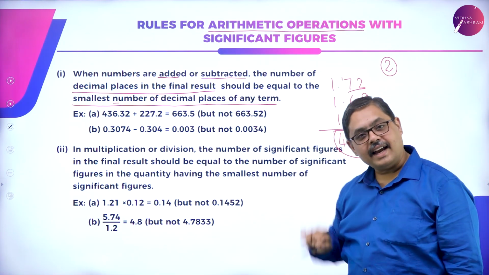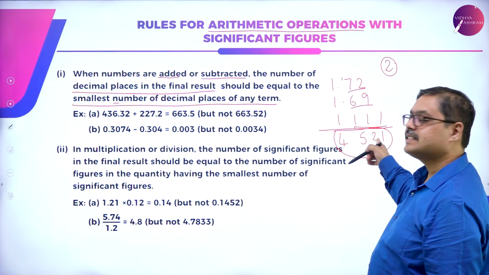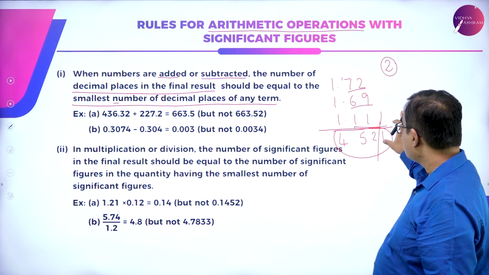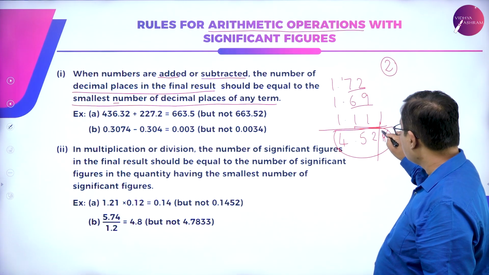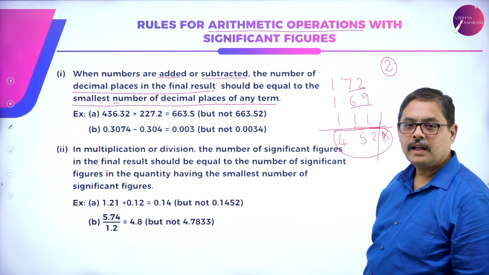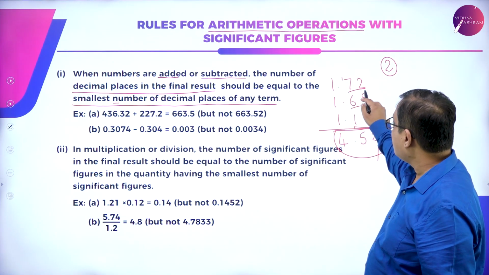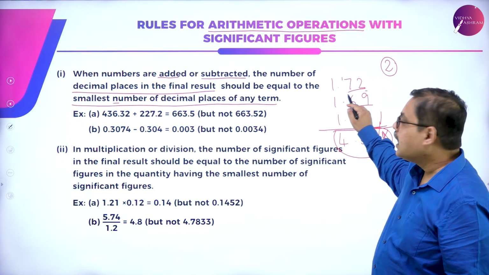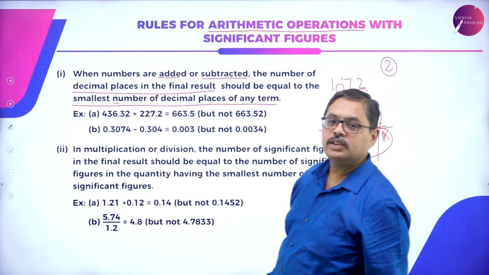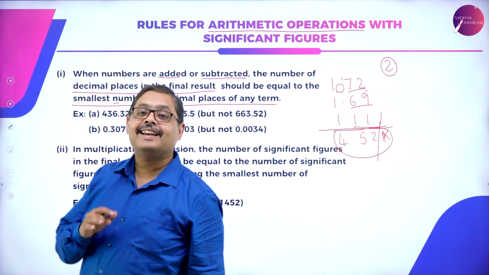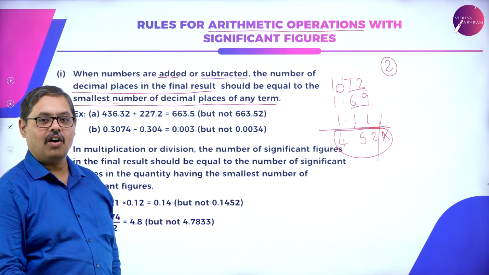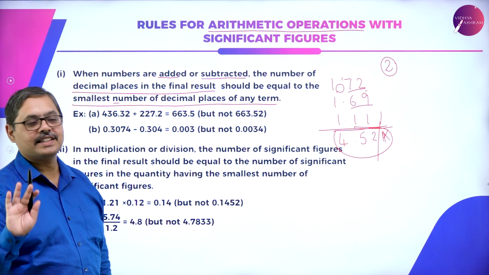This rule says that whatever result I am getting, I must have only 2 decimal places. So I have to somehow remove this one. Is that understandable? Whatever is the smallest number of decimal places should be considered while writing down the result. Whether it is addition, subtraction, multiplication or division, the rule stays valid.